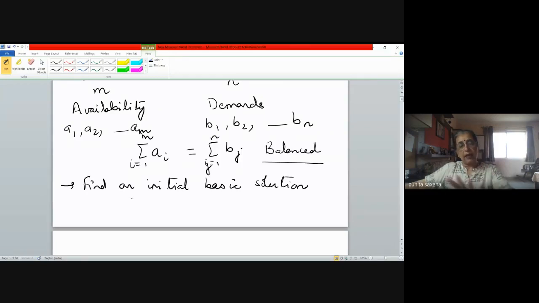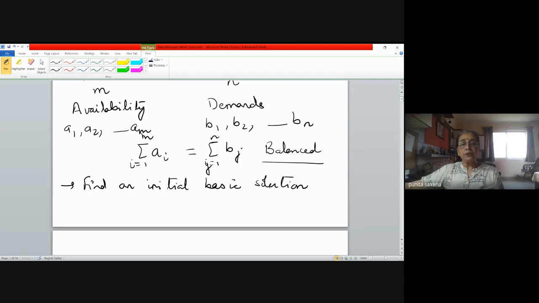We have one objective of minimizing the cost with m plus n constraints and m into n variables in it. Now, as I explained last time also, there are various methods to find the initial basic solution, which we are going to discuss today.